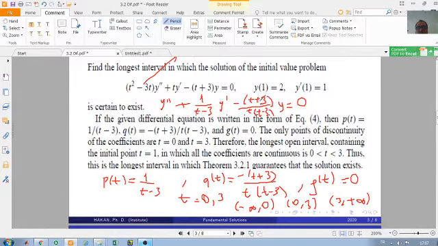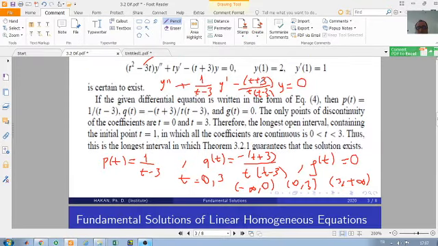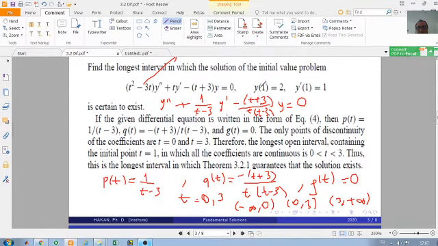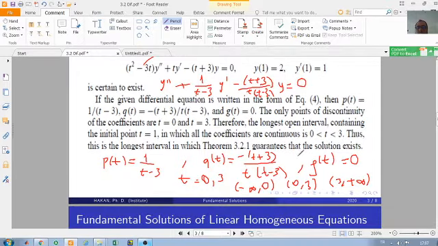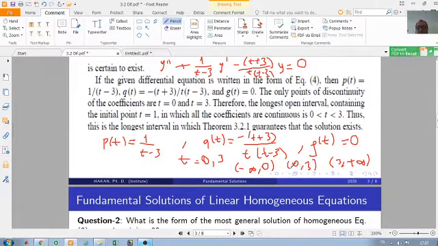So when we look at the initial condition, the initial value is 1 for the parameter t. Therefore, 1 is included in the second one, from 0 to 3. Therefore, the longest interval such that we have exactly one solution for the given initial value problem is the open interval from 0 to 3. This is the longest interval in which the theorem guarantees that the solution exists.